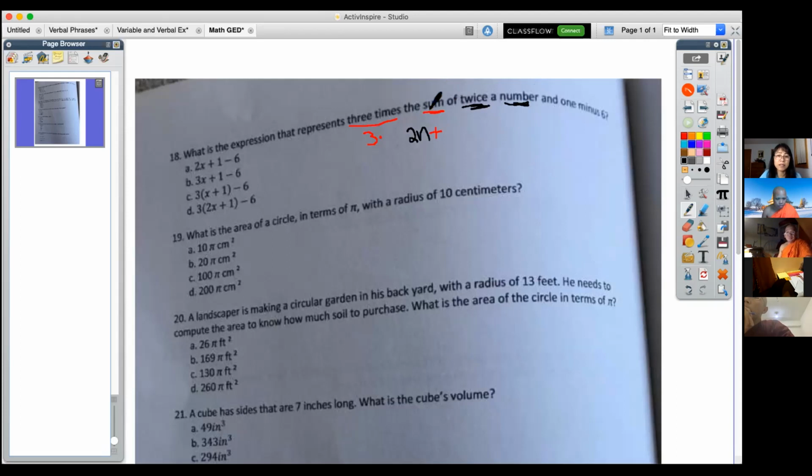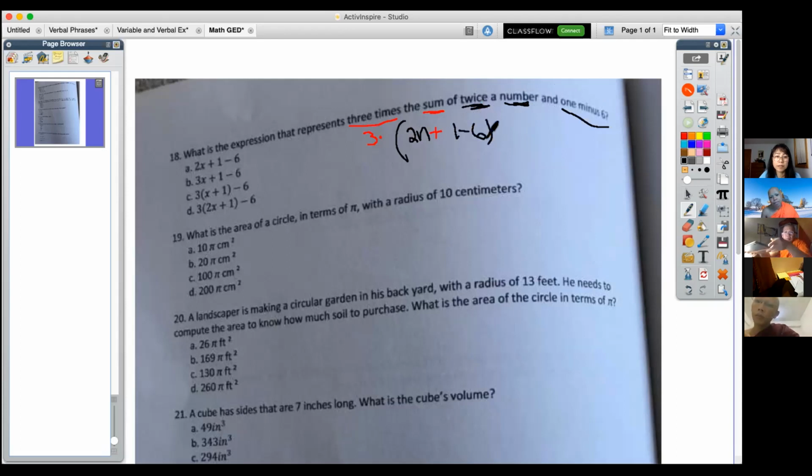Okay, you're gonna have the sum, twice a number, and what? 1 minus 6. Yeah, okay. So 3 times the sum. So here you multiply 3 times the sum of twice a number and 1 minus 6. 1 minus 6 is 6.